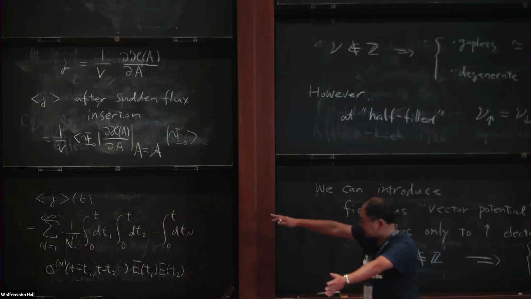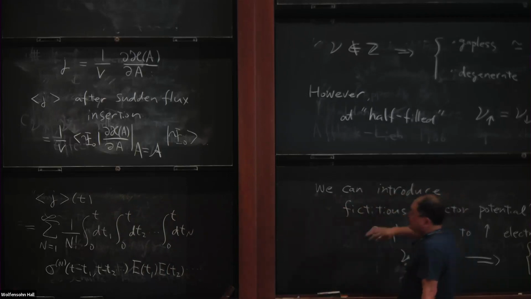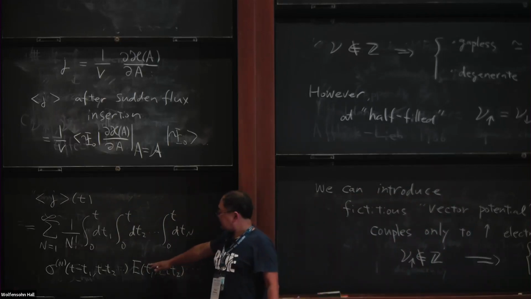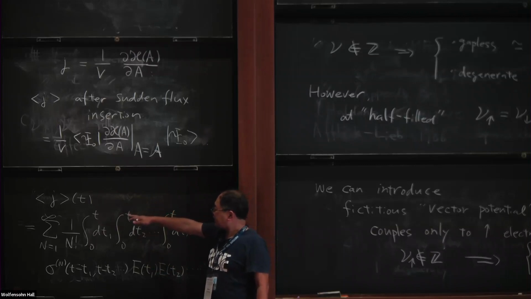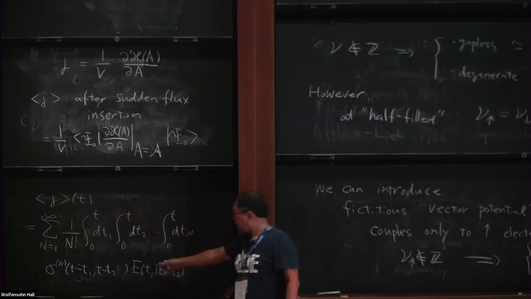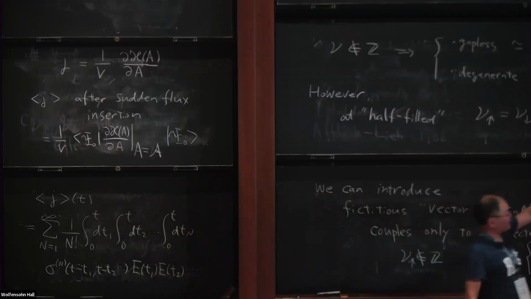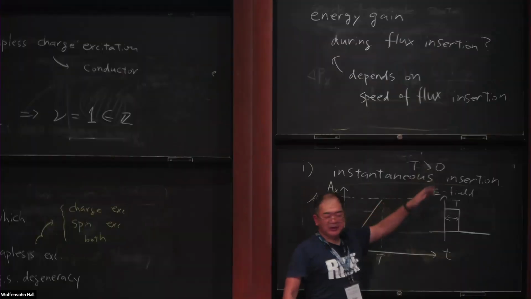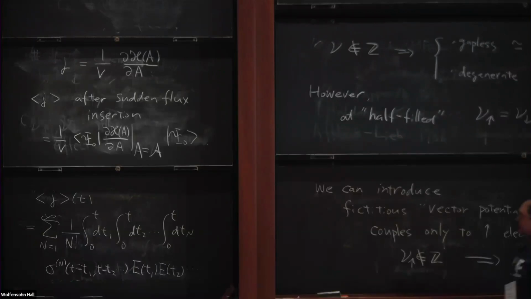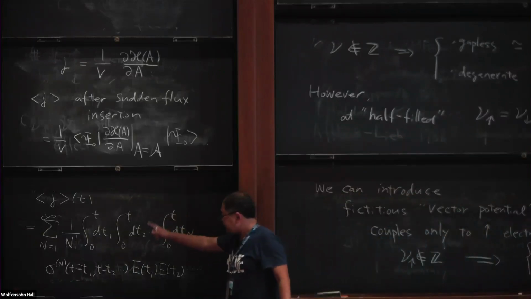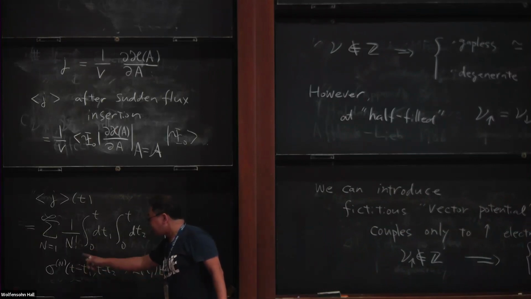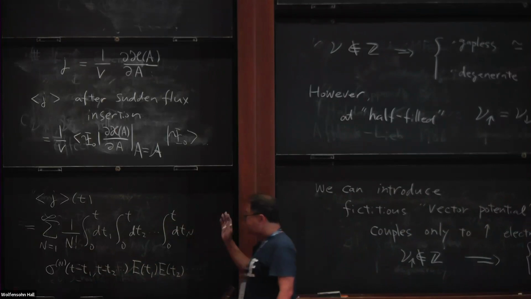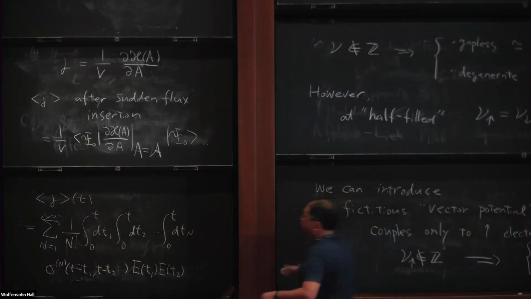Then here I consider the sudden insertion limit. That is, I take this T to 0, and then this electric field becomes infinity because the pulse width becomes narrower and narrower. So it's like a delta function. In that limit, I can easily calculate this because basically you can replace this response function at a 0 delay time.